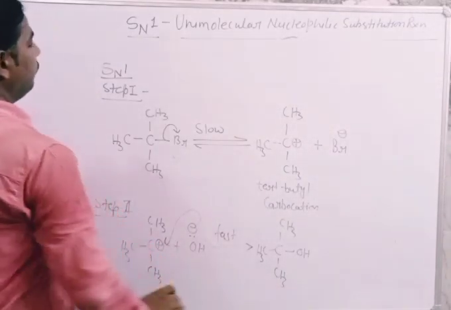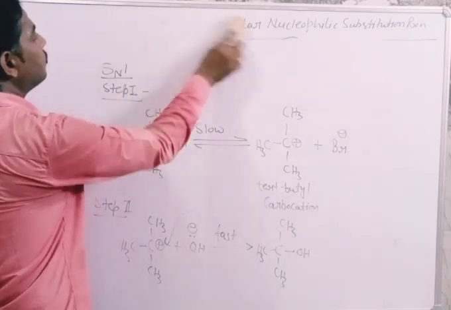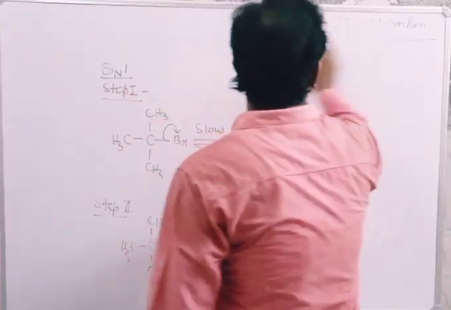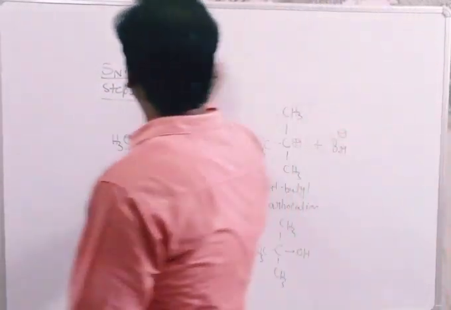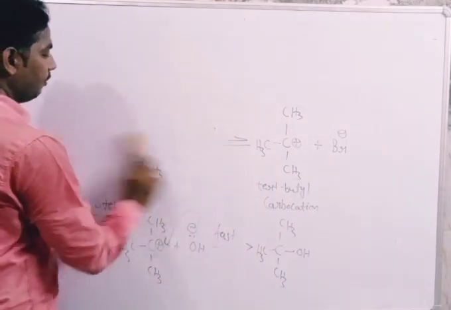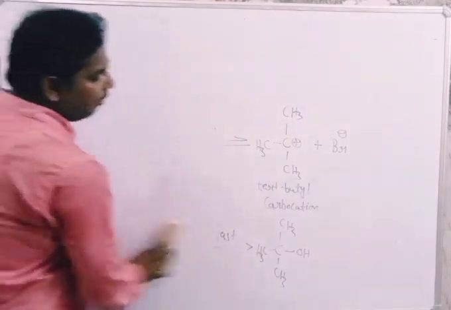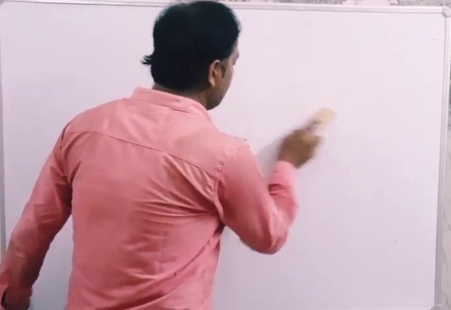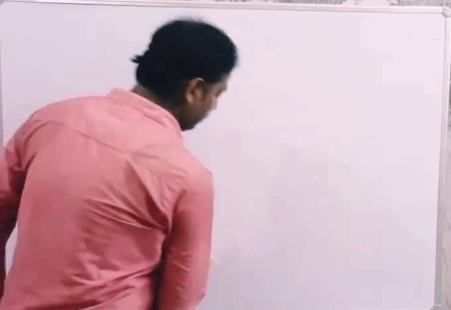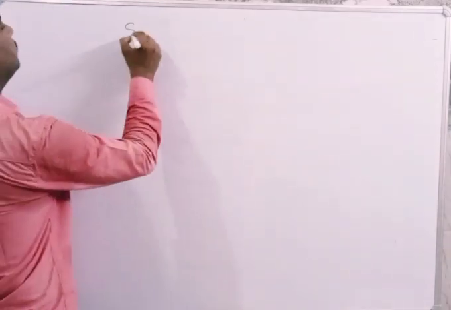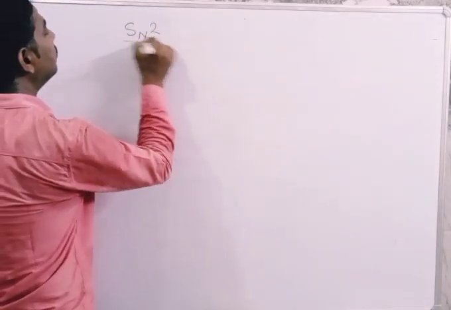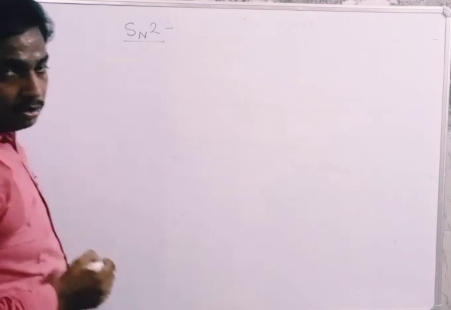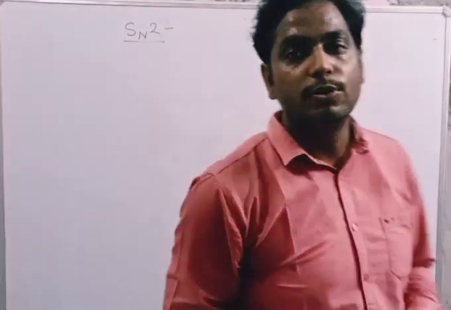Now we talk about the SN2 reaction mechanism. What is the SN2 reaction mechanism? Due to the lack of time, I am explaining everything very fast, so don't mind, please. SN2 stands for bimolecular nucleophilic substitution reaction.